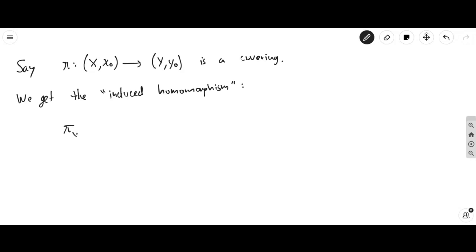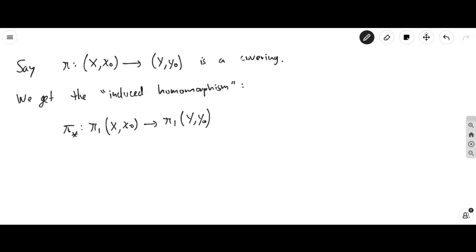You call it pi star because it comes from the original covering map. And this is going to be a homomorphism on fundamental groups, from x0 to y0. So that's the induced homomorphism.